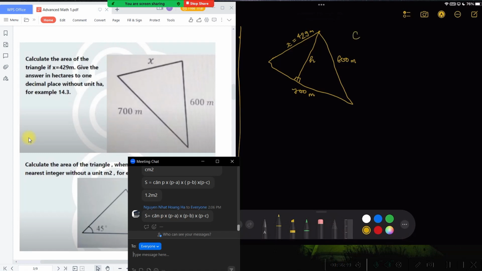Okay, according to the cosine rule, I'm trying to find this angle here.